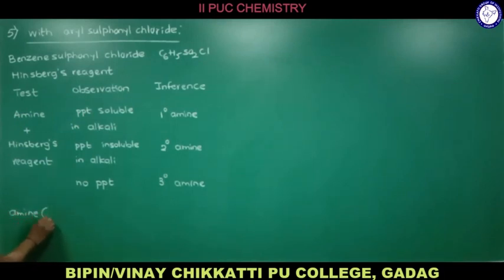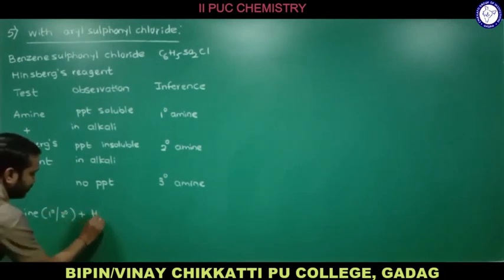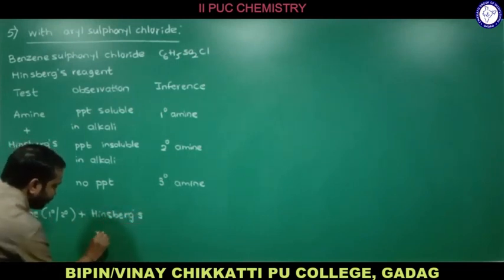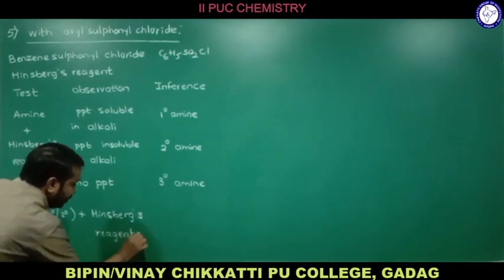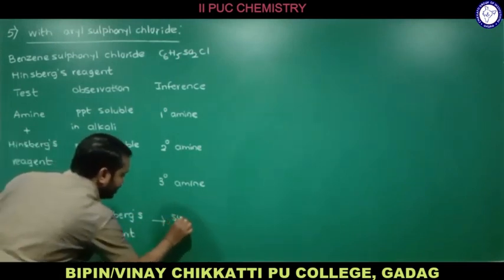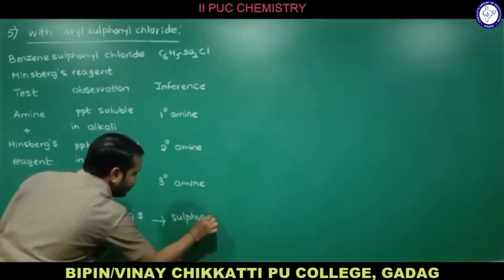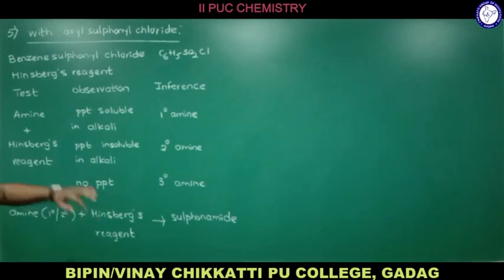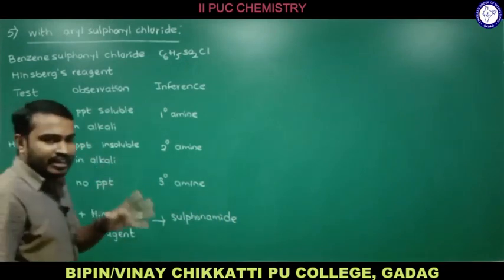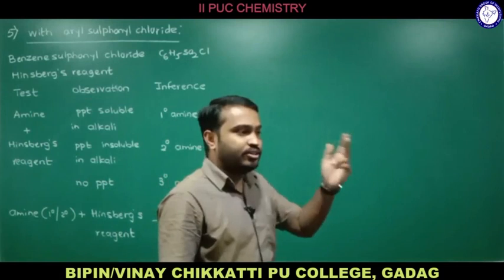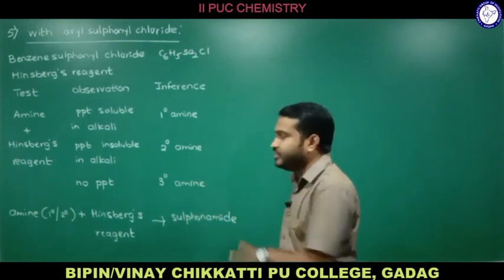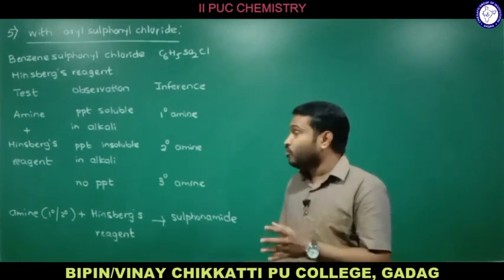If you consider an amine, whether a primary or a secondary amine, when you react that with Hinsberg's reagent, the product we get is sulfonamide, and that is actually the precipitate we get, and whether that is soluble or insoluble in alkali, based on that we classify it into primary or secondary. If there is no precipitate, the given amine is a tertiary amine.